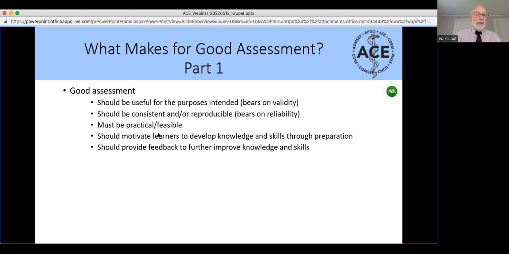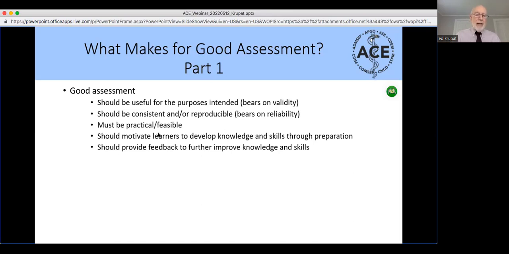Obviously, a good assessment has to be practical. It has to be feasible. I know some of my colleagues are very pro-OSCE, and some of my colleagues are not so pro-OSCE, if nothing else, because OSCEs are resource eaters. You've got to either have your own or work with or train standardized patients.